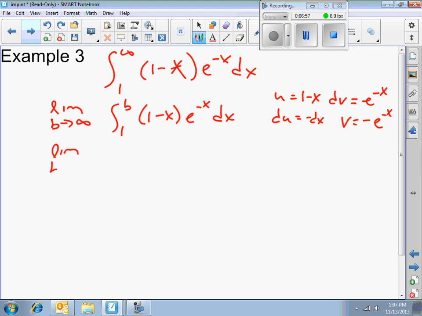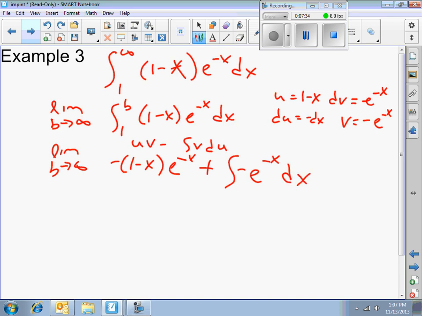The limit as b approaches infinity of, we're ready to use integration by parts and evaluate this. So uv minus the integral of v du. So u is 1 minus x. v was negative e to the negative x, minus the integral of v, which is negative e to the negative x, du is a negative dx.